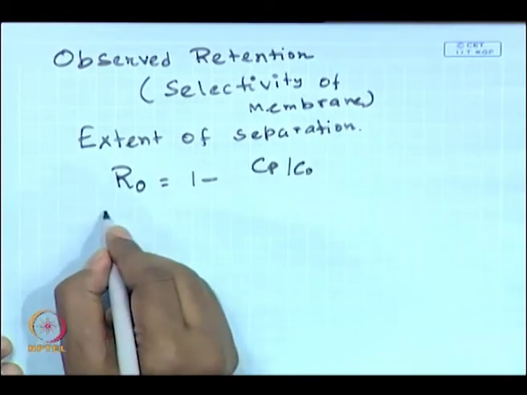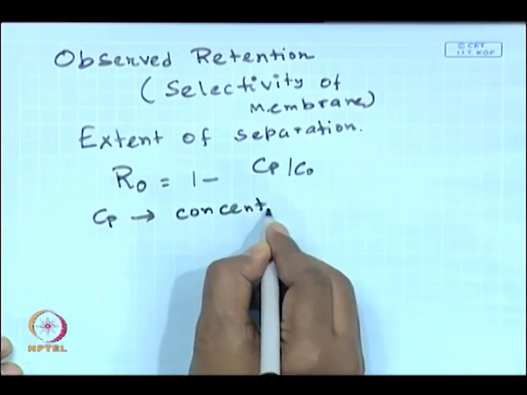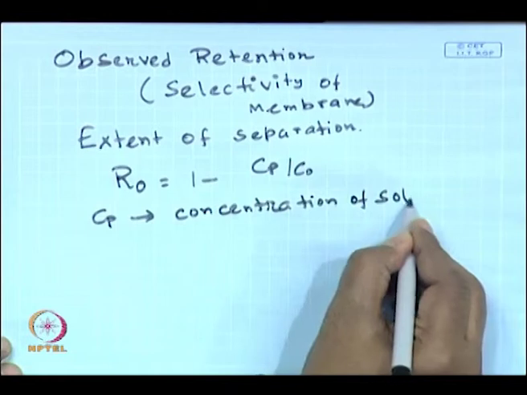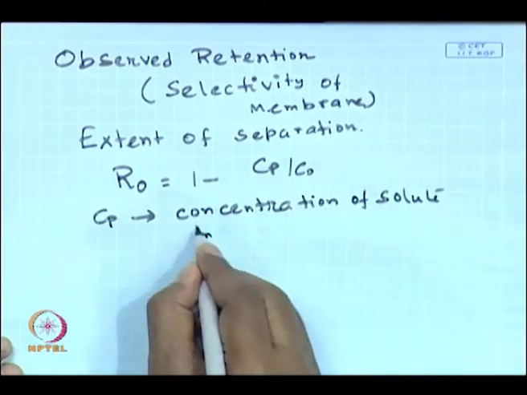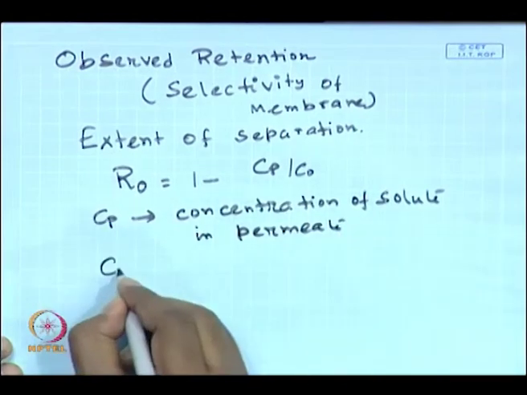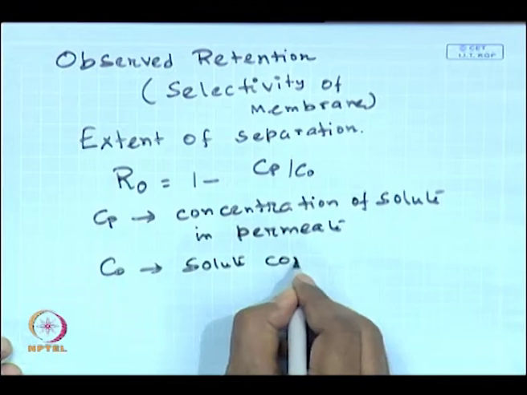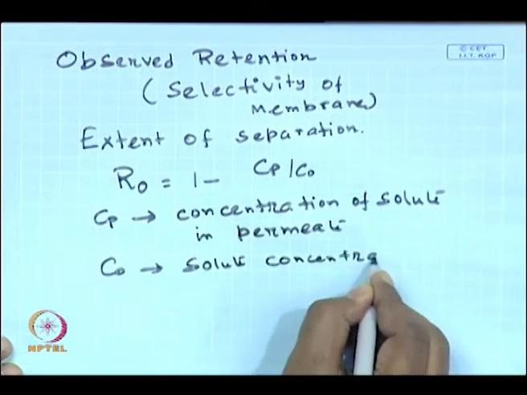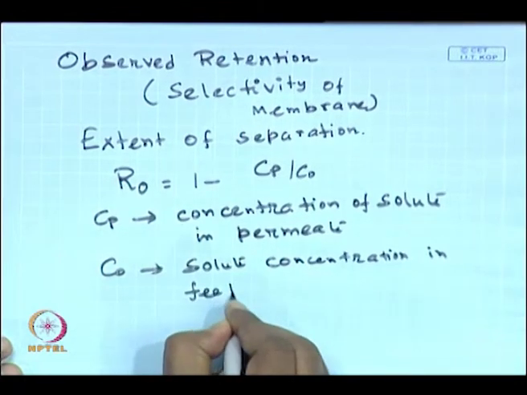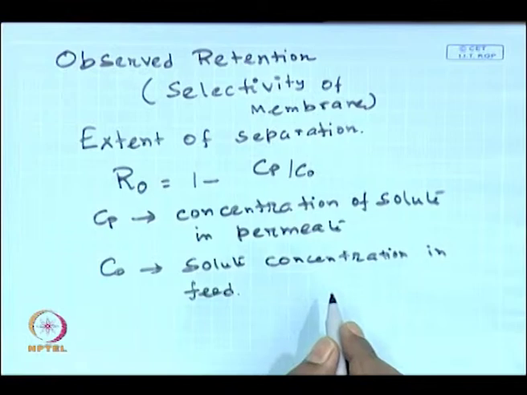Okay. Cp is the concentration of solute in the permeate, C naught is the solute concentration in the feed. Okay. So this gives directly the extent of separation.